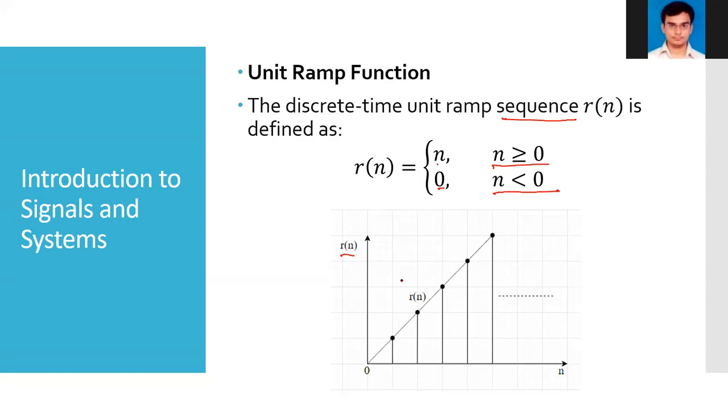This is 1, 2, 3, 4, and 5. So on y-axis also there will be 1, 2, 3, 4, and so on. No need to draw these dashes, but you can see that you are getting values at discrete intervals of time.